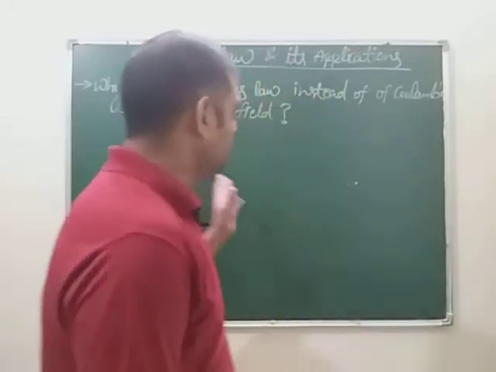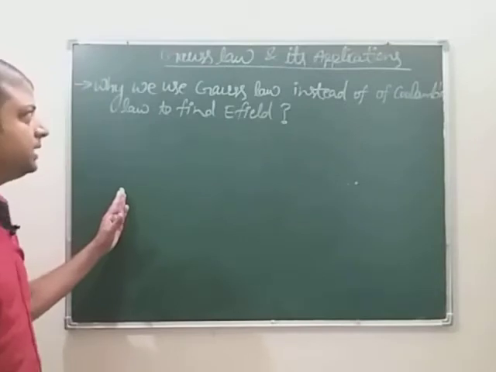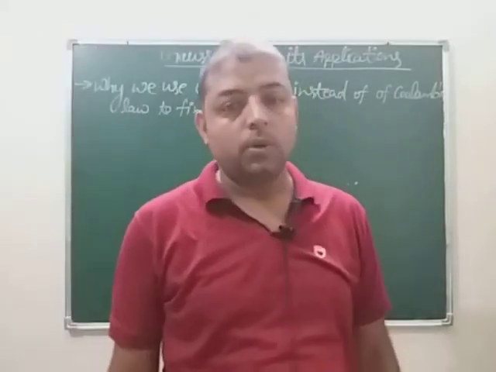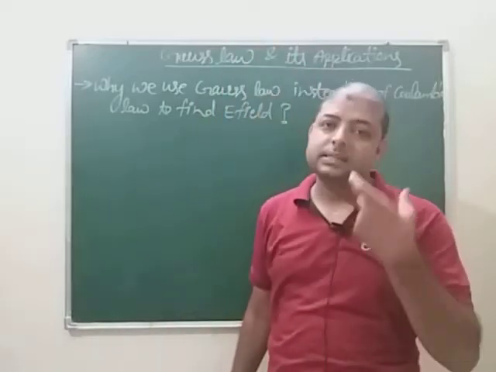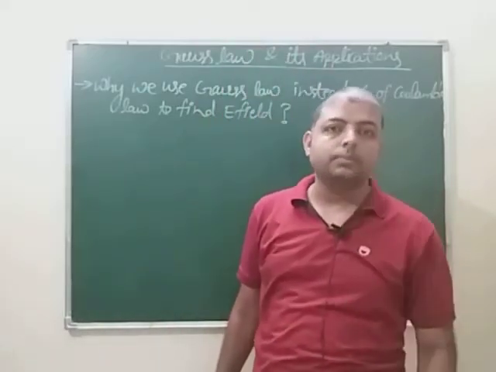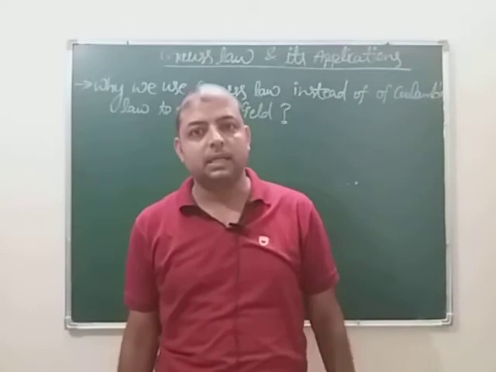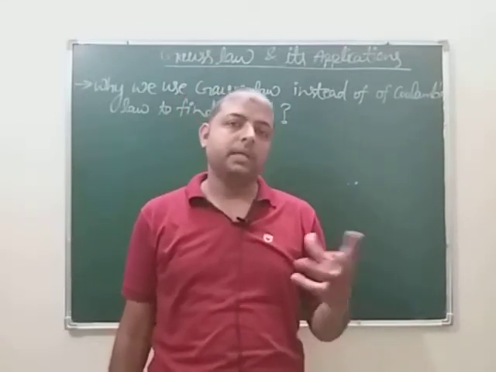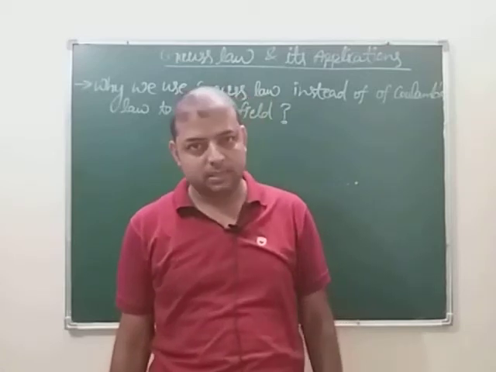We already have Coulomb's law to find electric field. Then Gauss gave his law. Why? The main reason is that Coulomb's law was impractical when dealing with millions or billions of charges.